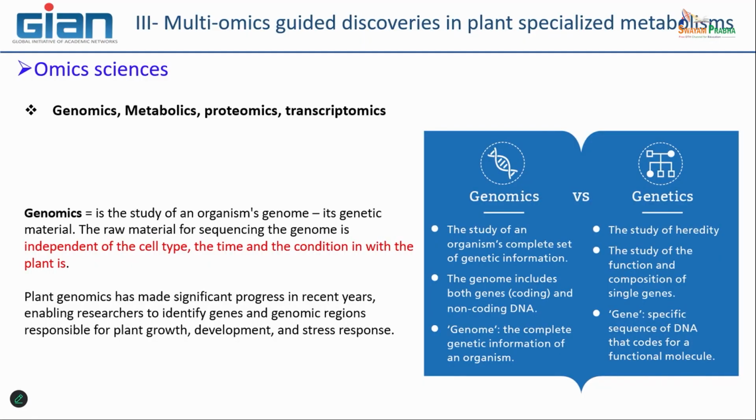For example, genomics, you know that it is the study of the organism's genomes, the entire genome. It is a raw material that is present in all cells, whatever the type of tissue, whatever the type of cell, the age of the cell.